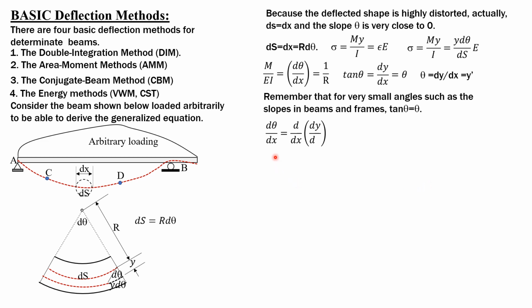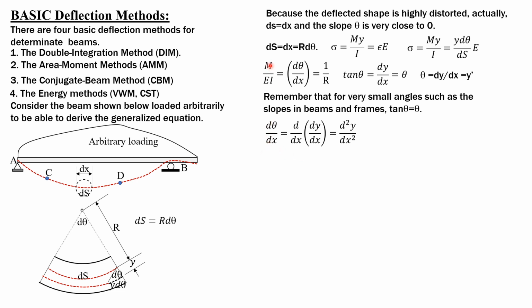So d theta dx from this expression here is equal to the derivative of theta. Theta is equal to dy dx, because the angle is very small. Then that becomes derivative of theta with respect to x is the second derivative of y with respect to x.